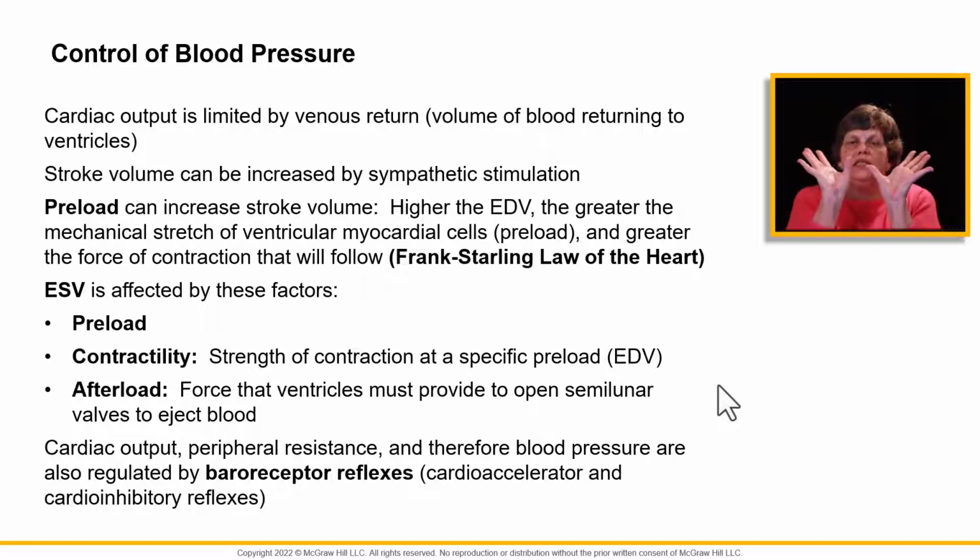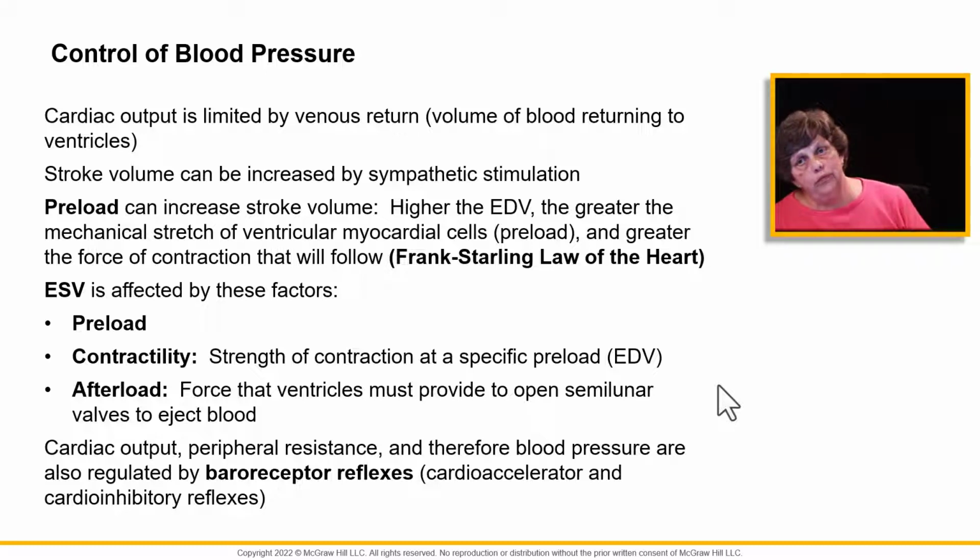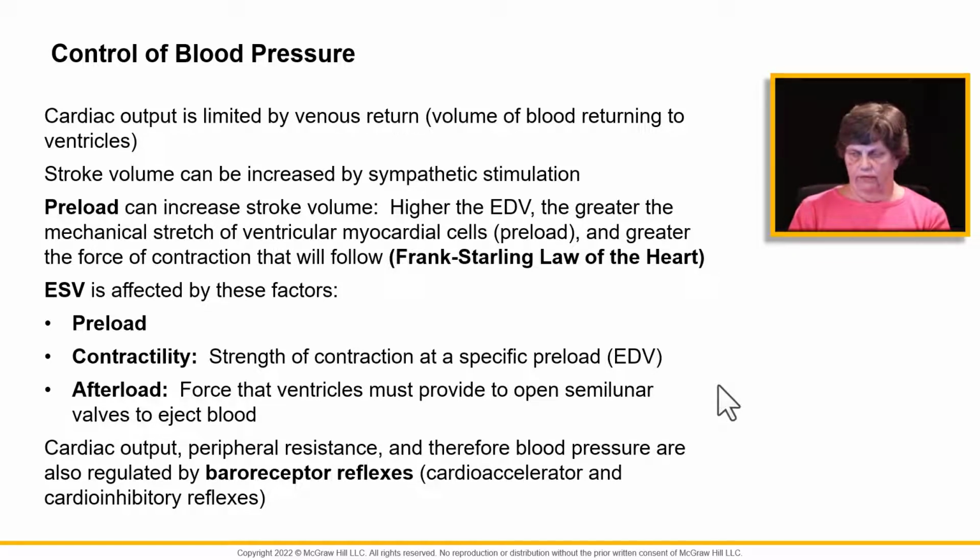So in order to push the blood out of the heart, you've got to push against those valves. So that's the force that has to be exerted against those valves to open them up. This is one of the problems with high blood pressure: if you have a high pressure up against that valve, it's harder to open the valve.